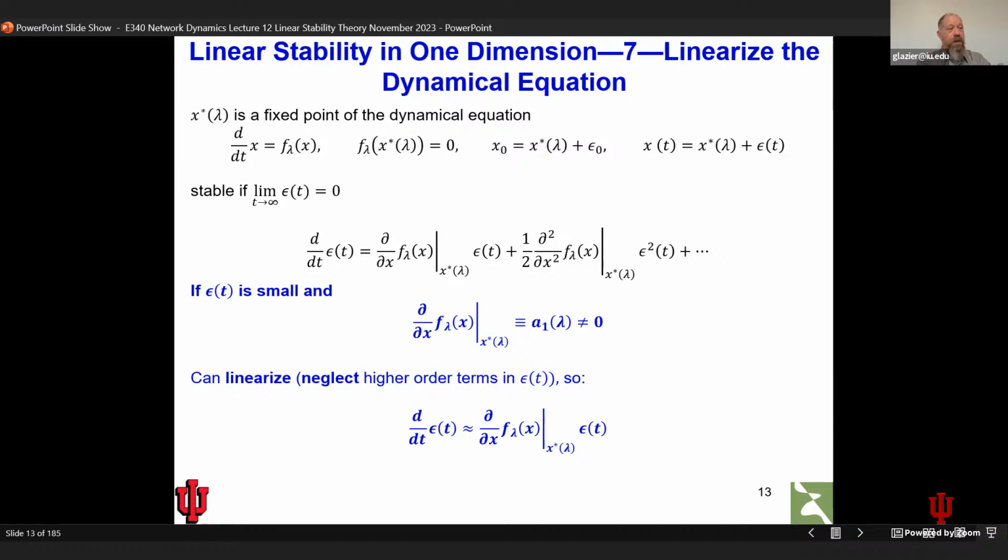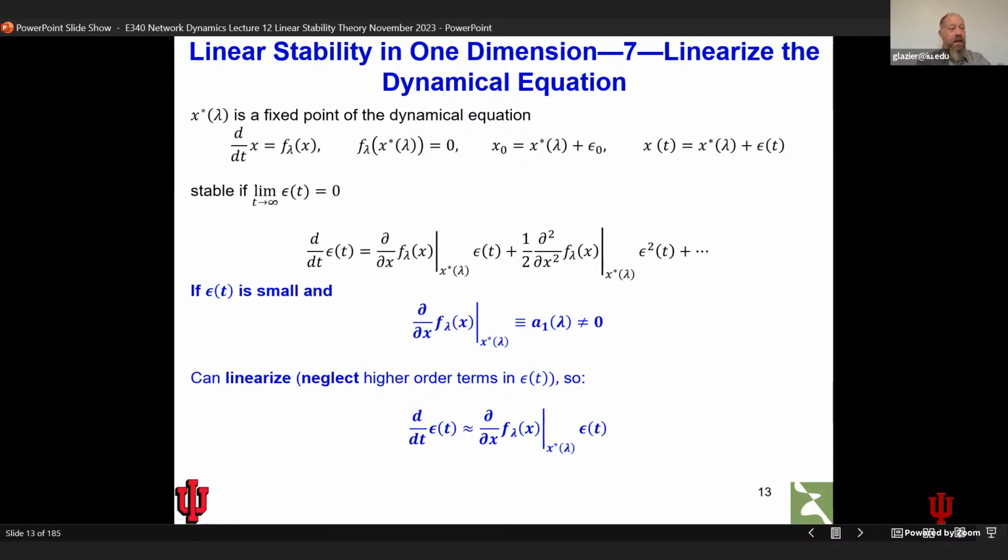So we need to assume that the derivative of f is not 0 at x star. If it is, then we have to do other things, so we can't linearize if that's the case. And if we can linearize, then we have something very simple. The derivative of epsilon with respect to time is epsilon times the slope of f evaluated at x star.